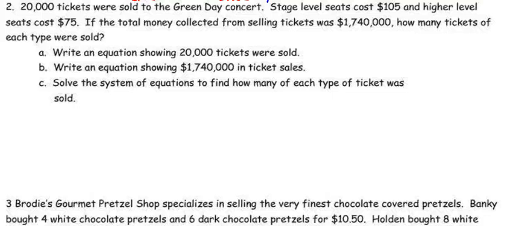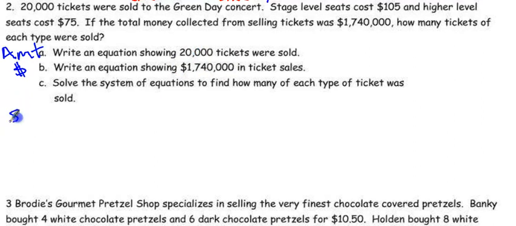It says write an equation showing 20,000 tickets were sold. So this is our amount equation. On these type of questions, you're going to have an amount equation and you're going to have a money equation. So the amount equation, we sold 20,000 tickets. We don't know how much of each, but we know there are 20,000 altogether. So our variables, let's do this.